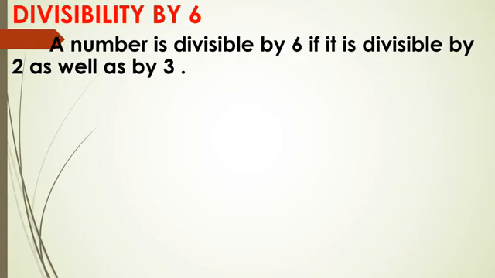But if it is divisible by 2 but not by 3, then it is not divisible by 6. Or if it is divisible by 3 but not by 2, then also it is not divisible by 6. So the condition is that a number must be divisible by both, that is 2 and 3. See the examples now.